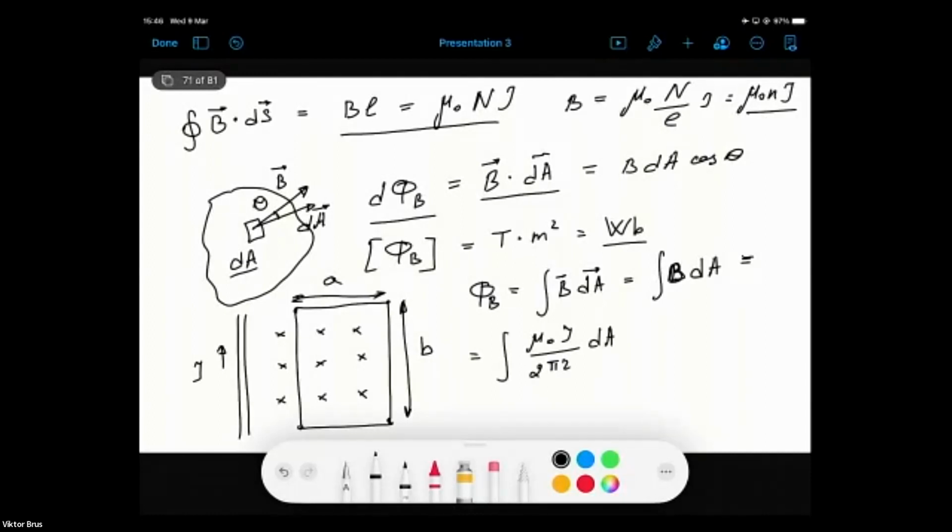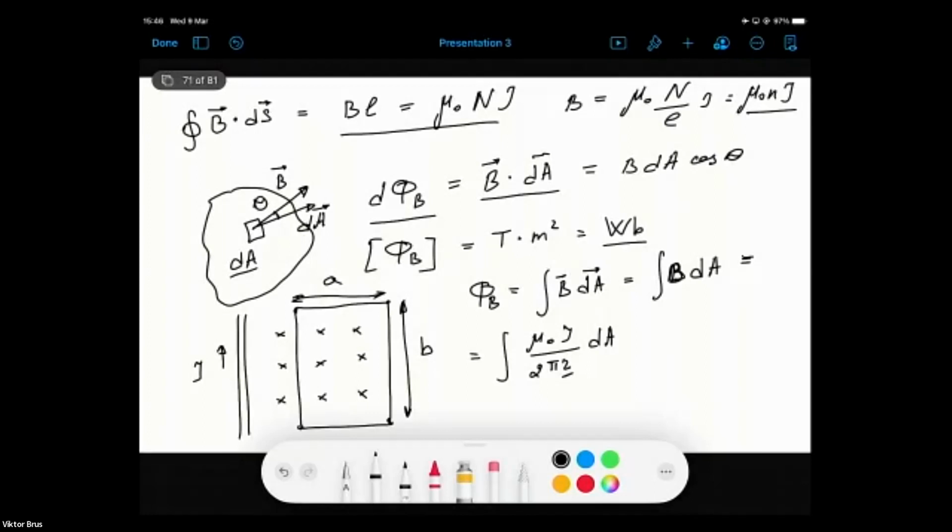Now we need to determine dA in terms of r, because we have here this radius r, and we need to somehow determine in terms of r also this small surface element of this frame.